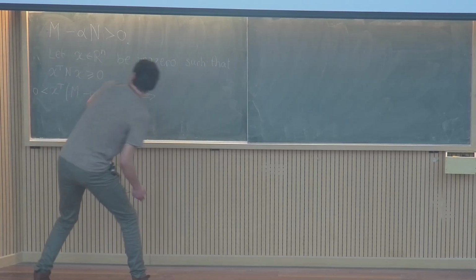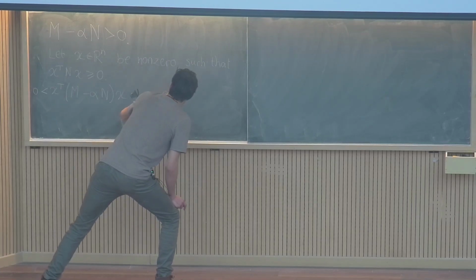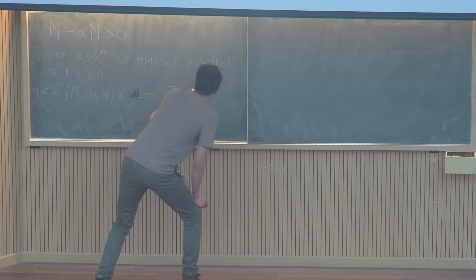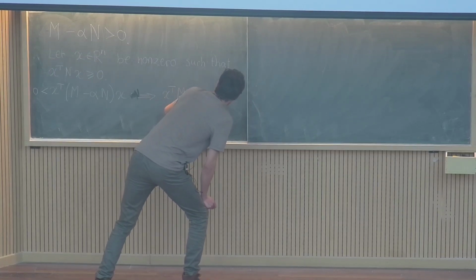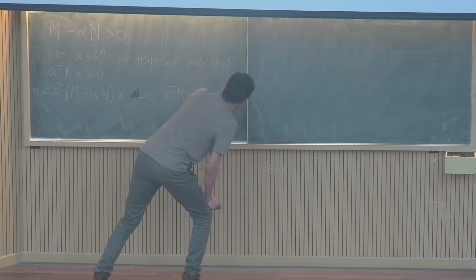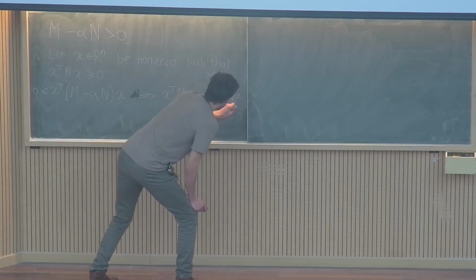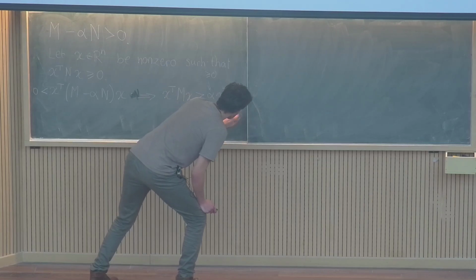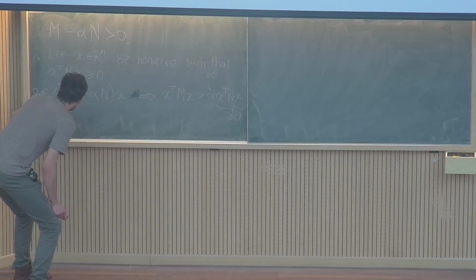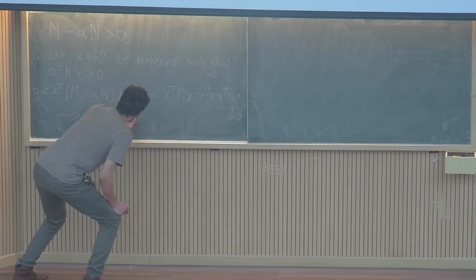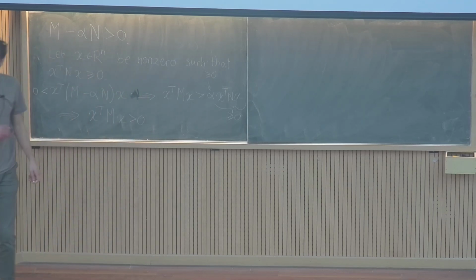And this implies that x transpose M x must be greater than alpha times x transpose N x. But alpha was greater or equal to 0, and x transpose N x was also greater or equal to 0. So indeed, I conclude that x transpose M x is positive. So indeed, the if statement here holds. Nice.